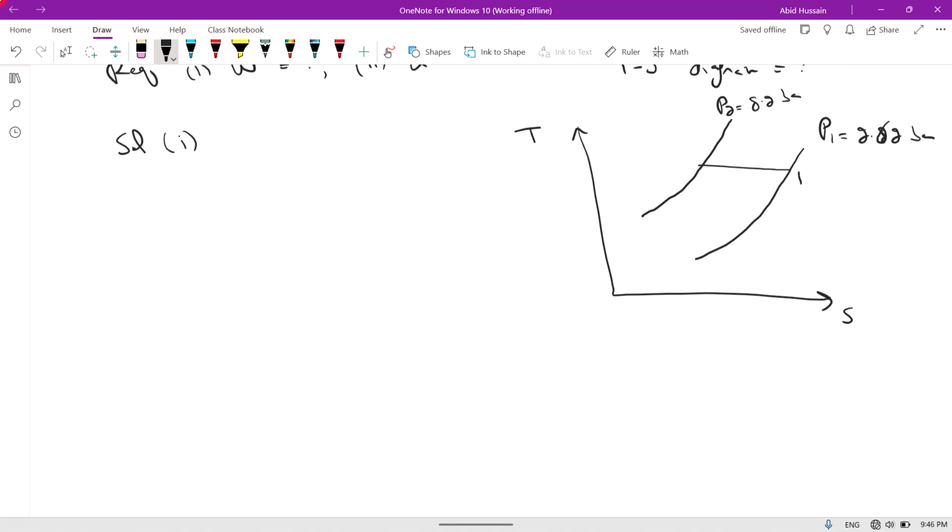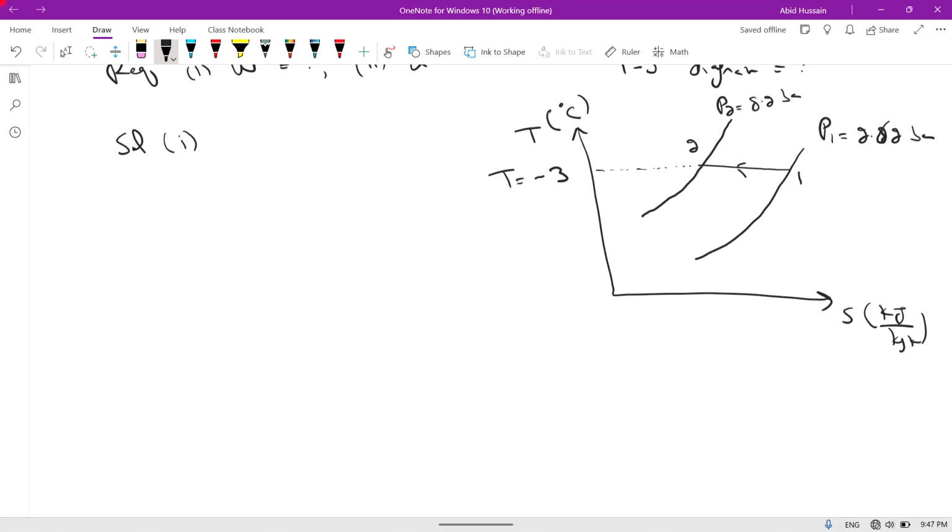So this is point 1 and this is point 2, at temperature T is equal to minus 3 degrees centigrade. Temperature is in degree centigrade and entropy is in kilojoule per kilogram per Kelvin. This is the TS diagram for part number 1.